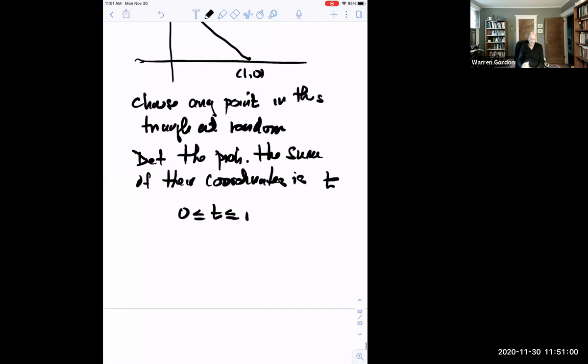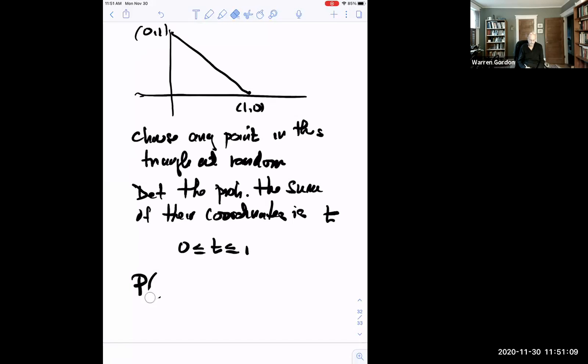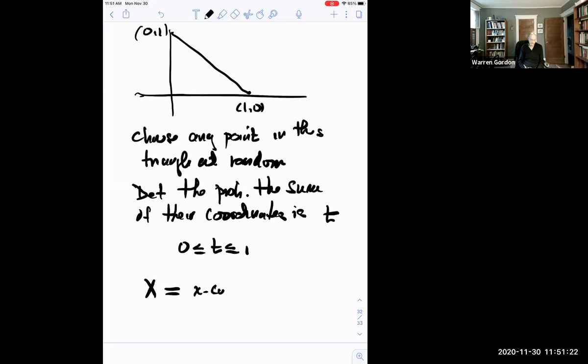So here's what I'm asking. Let me say this a little differently first. There are really 2 random variables here. Let the random variable x represent the x coordinate, and let the random variable y represent the y coordinate.